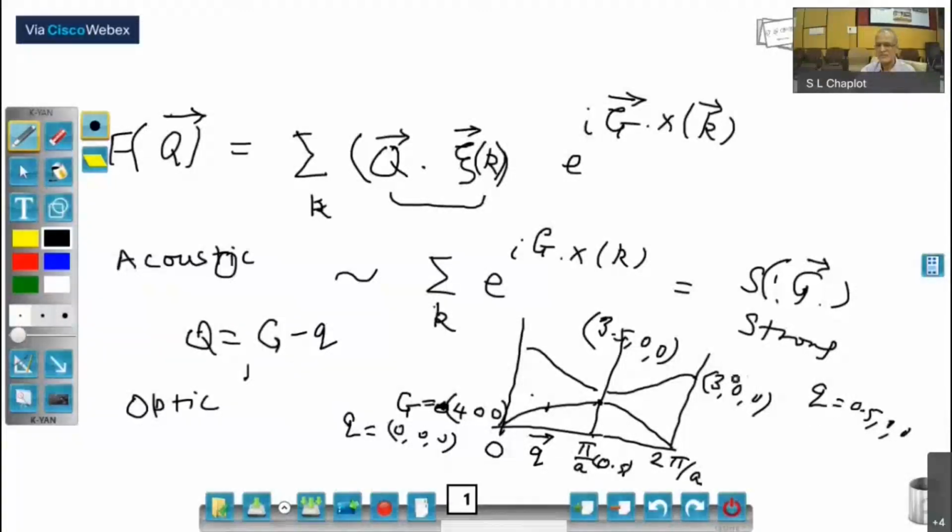So G minus q is 3.500. When I'm reaching here, notionally I may say it is q is this much, but see, if I say small q is 100, now you might say that this is outside the first Brillouin zone. So actually, instead of working this way, let me work out this way.